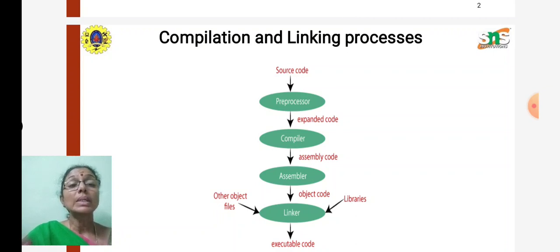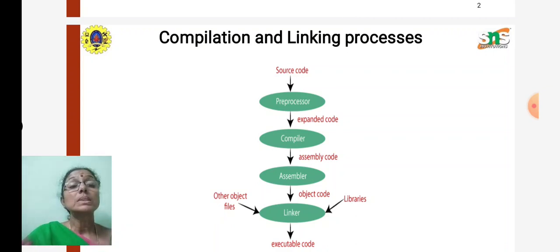For that we need several phases, that is, several translators are needed for the compilation. First is the lexical analyzer, then the syntax analyzer, semantic analyzer, intermediate code generation, then code optimization and code generation. The output of the compiler is the assembly code.